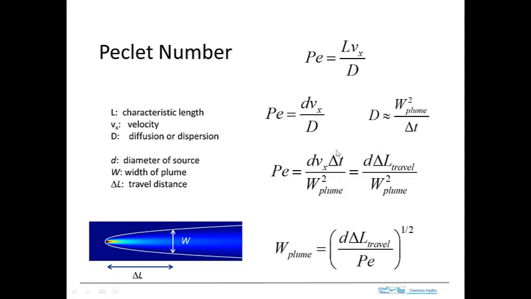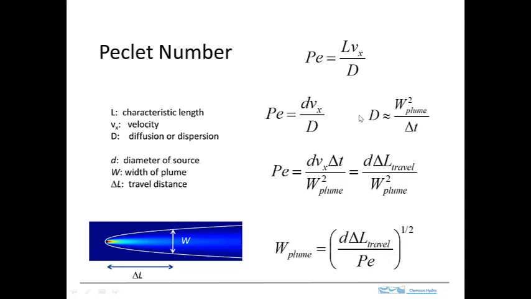So what I did next is just rearrange this so that we have an expression for the width of the plume in terms of the Peclet number. So this is the width of the plume at some point delta L downstream, and we have some starting width here. And so we get a way to predict what the width of the plume is given the Peclet number.